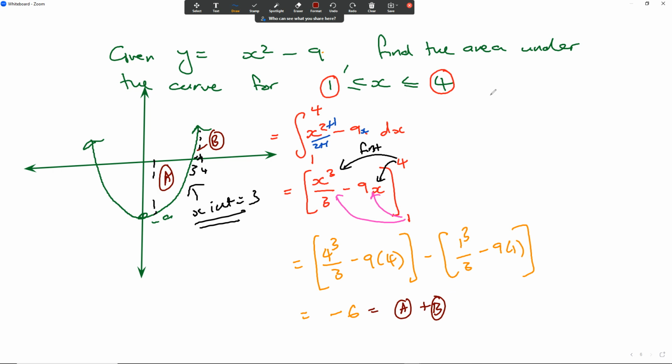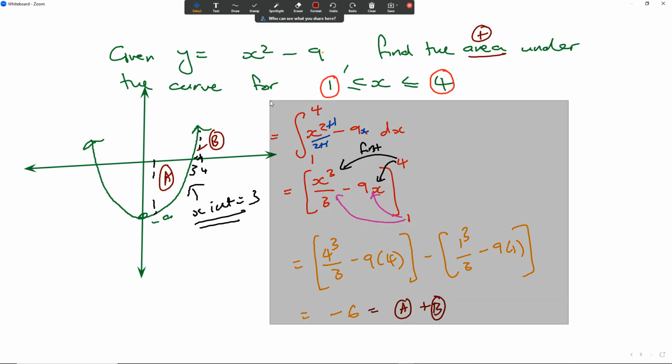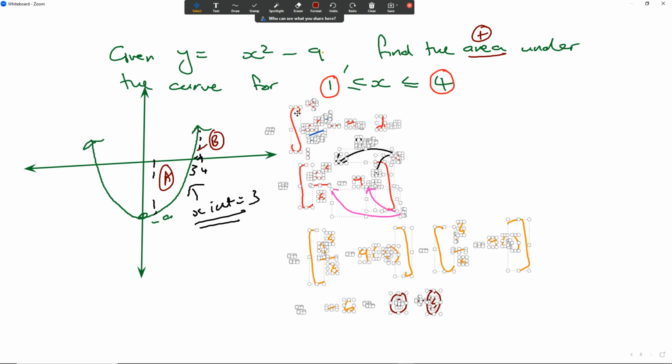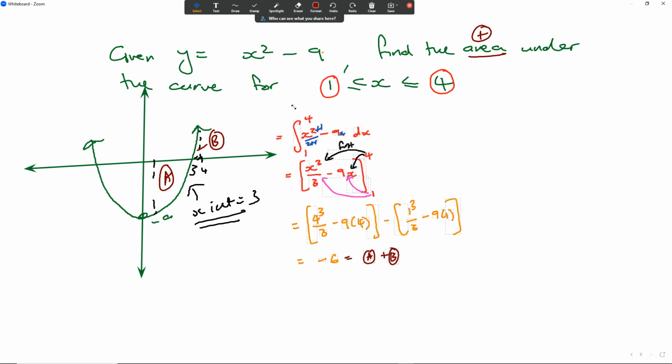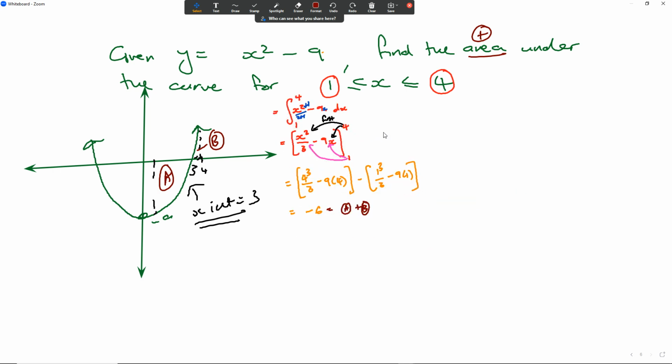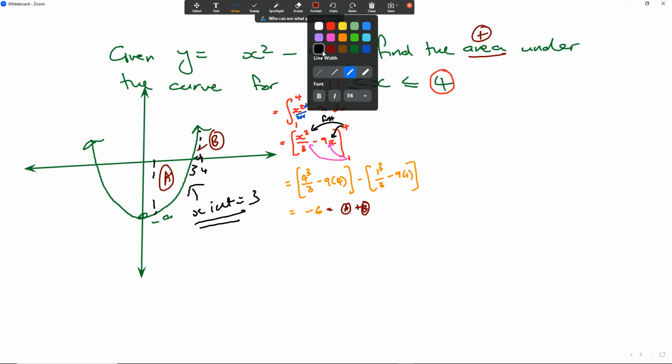Okay, it doesn't help with the area because area has to be positive, which means that we had to break this integral into two different parts. We had to break it up and start from 1 until 3, and then after that from 3 until 4, make it into an absolute value, and then only add it up after that.